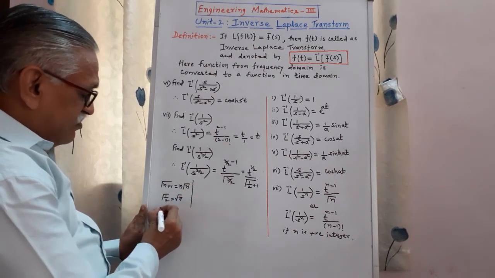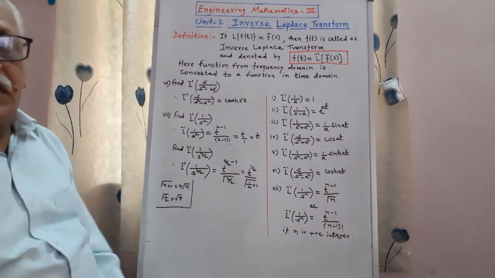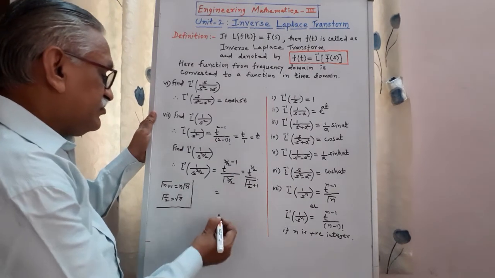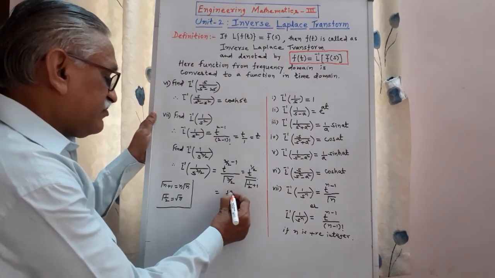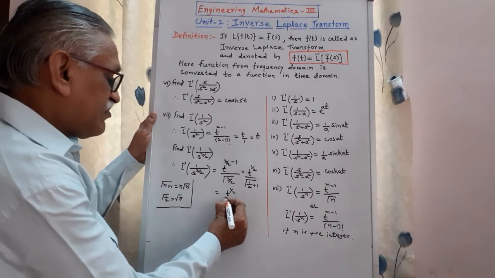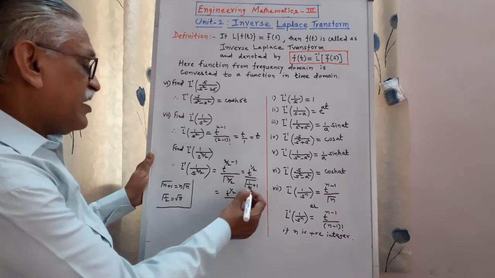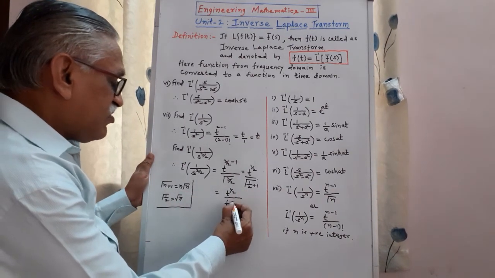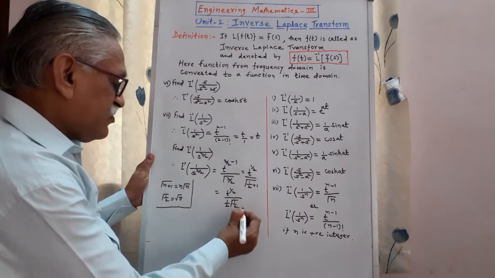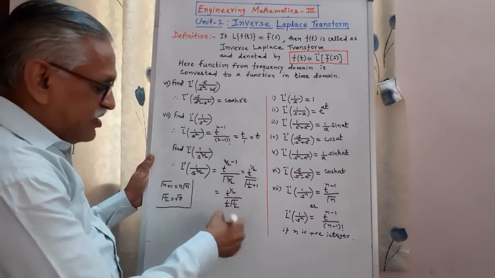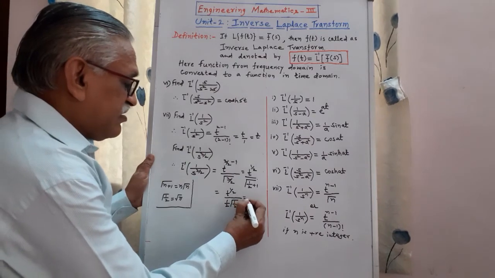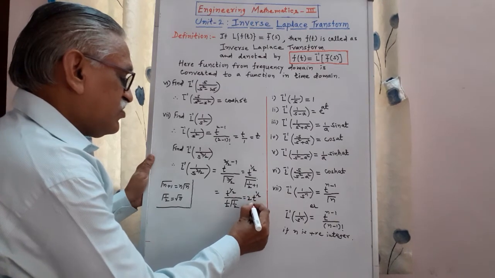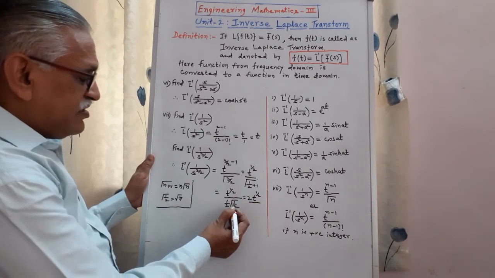Using these two standard results from the gamma function, it is t raised to 1 by 2 as it is, divided by gamma n plus 1 is n gamma n, where n is here 1 by 2, gamma 1 by 2. 1 upon 1 by 2 goes to the numerator, we get this as 2 t raised to 1 by 2 divided by gamma 1 by 2.